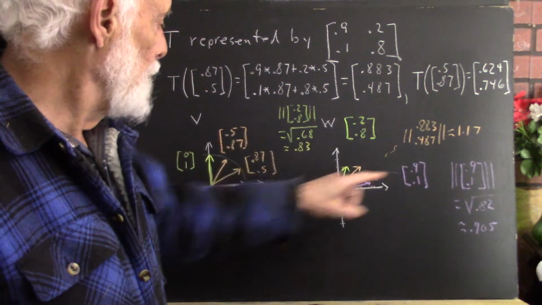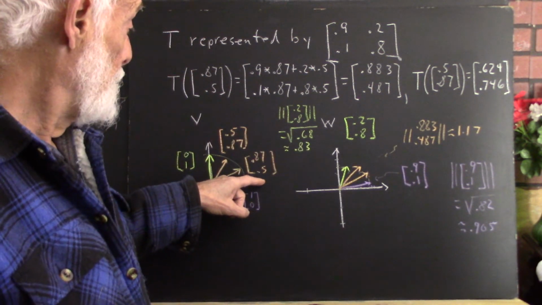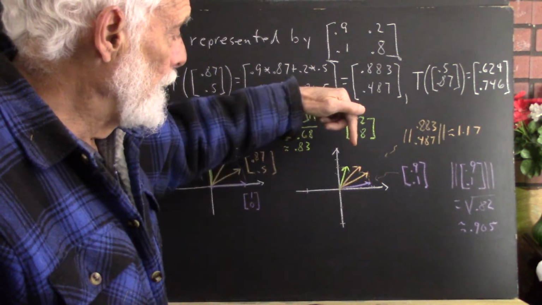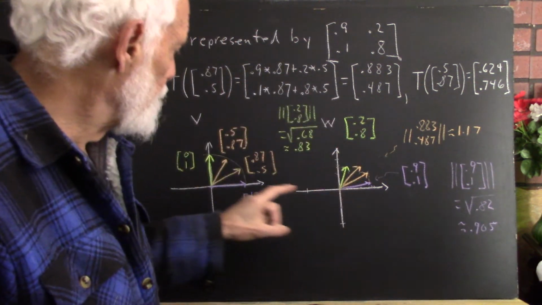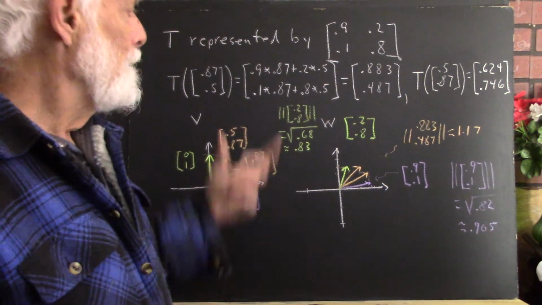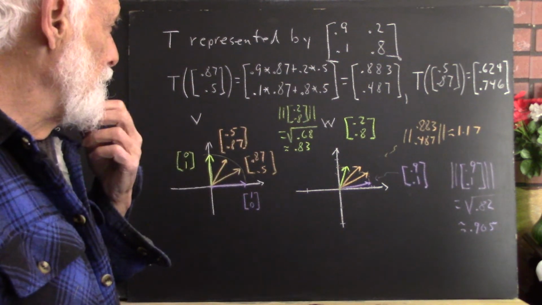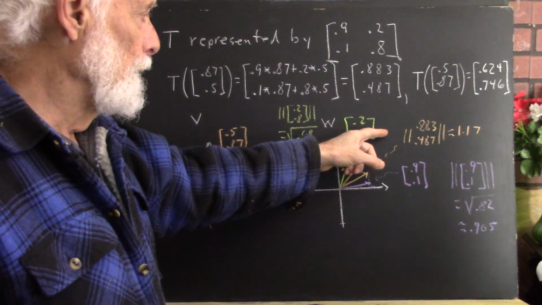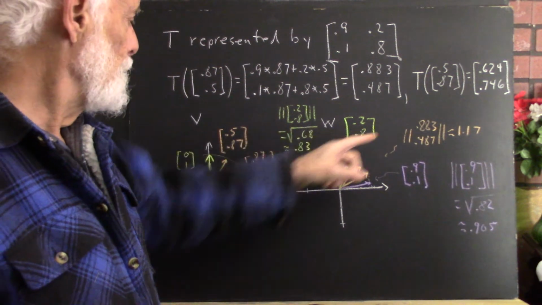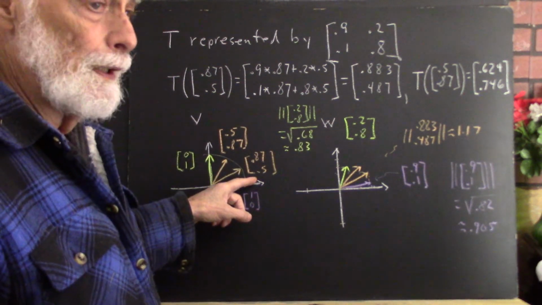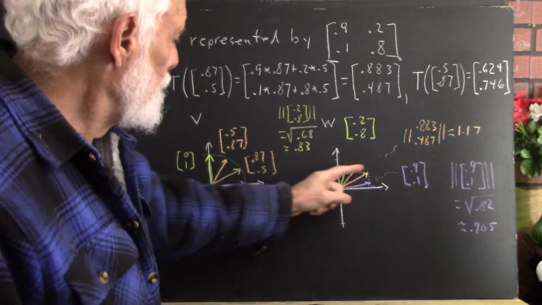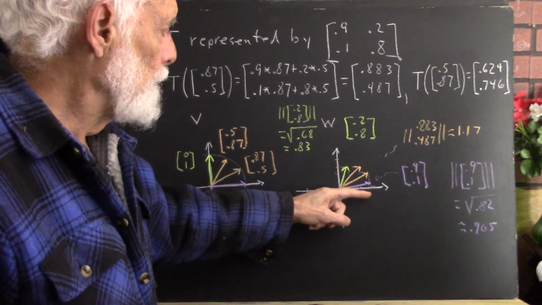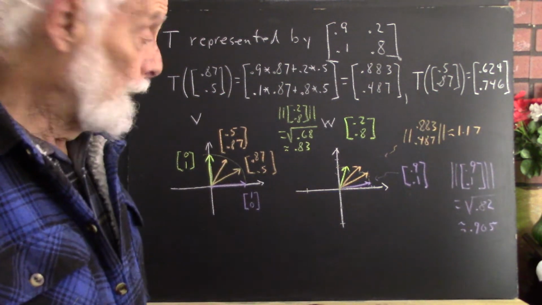The 0.487 is less than the 0.5, which means that this vector is a little further out this way and a little closer to the x-axis than this one is, meaning clearly that the angle of this vector with the x-axis is a little less than the angle of this vector. So this vector gets actually turned a little bit toward the x-axis. Notice that this vector got turned a little away from the x-axis.